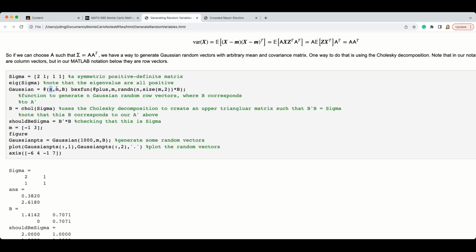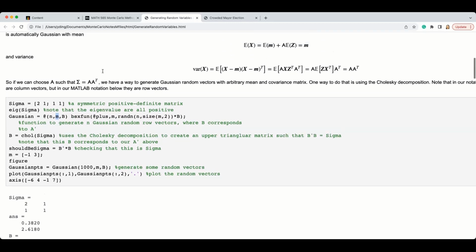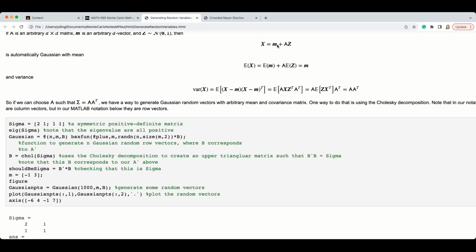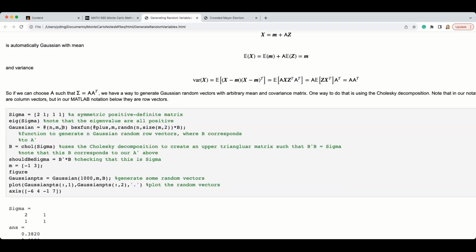And then this m is a vector. You want to shift, so it depends on the distribution x follows. So this is the vector here. And then what is B? B is the matrix you generate from Cholesky decomposition based on your covariance matrix.